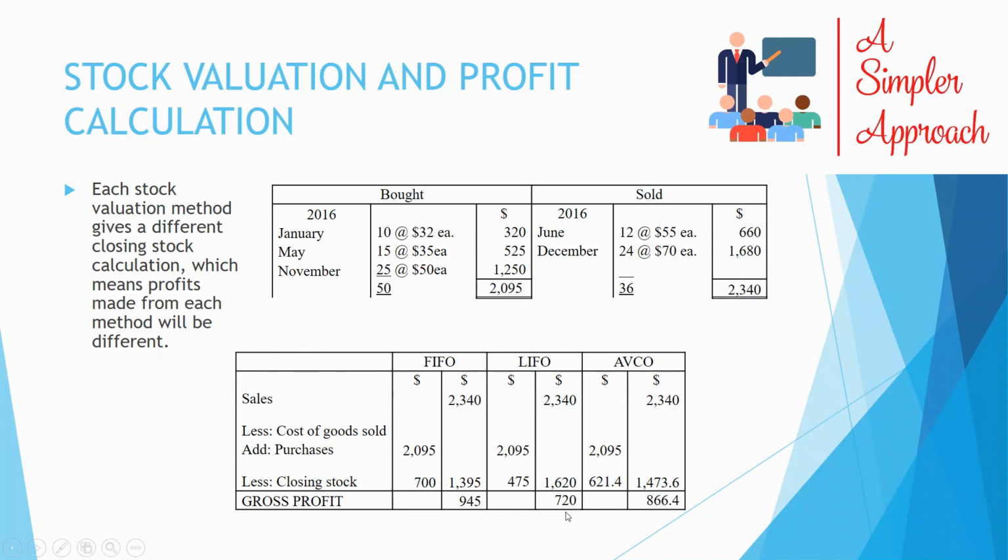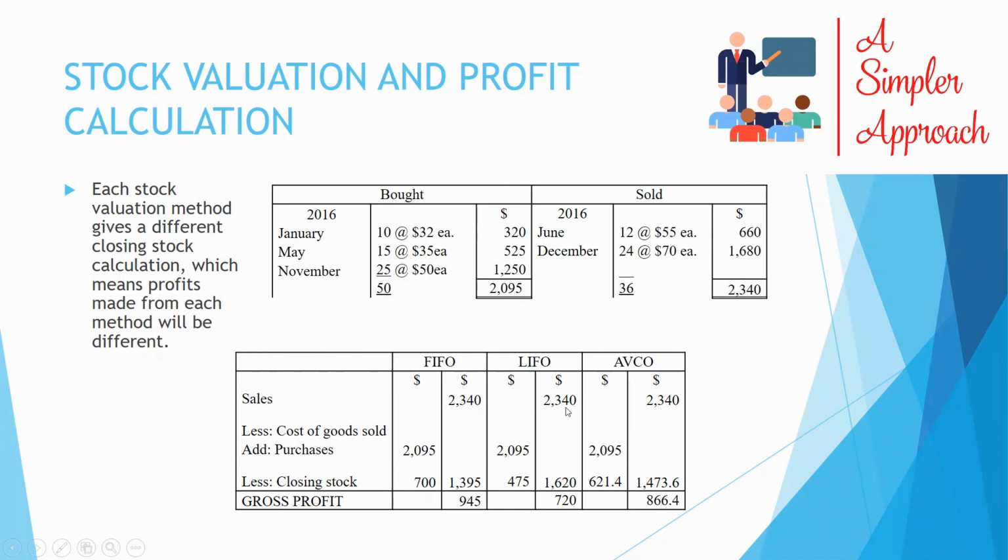All we simply do is carry out the calculations. So closing stock from purchases leaves 1,395. Cost of goods sold from sales leaves gross profit of 945. Same principle applies to LIFO. 475 from 2095 left 1,620.